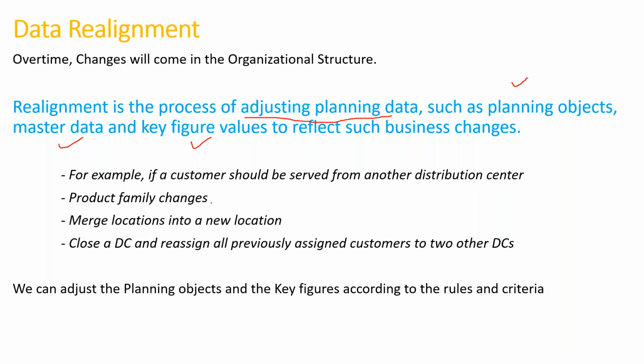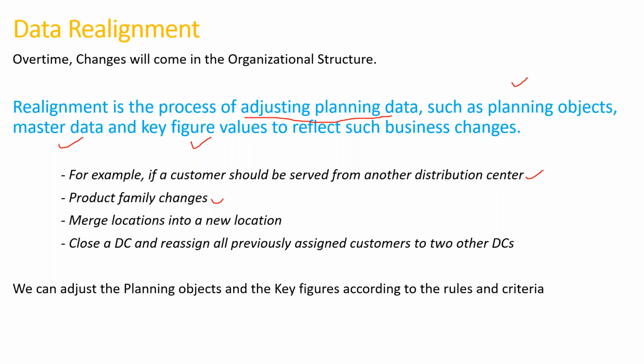The second thing is product family changes, as we were discussing yesterday in the overview. Say you have a smartwatch family with different SKUs under it, like the Samsung smartwatch, and a digital watch product family with different SKUs mapped under digital watch. In future, you want to club both these lines and product families together and call them next gen watches. Now you want to change all your master data and key figure data.